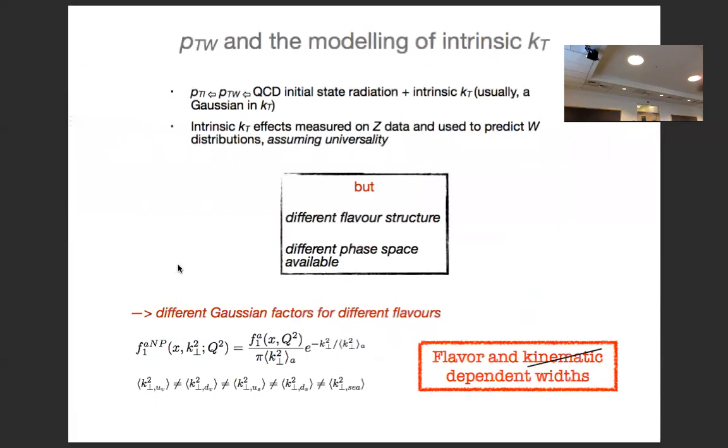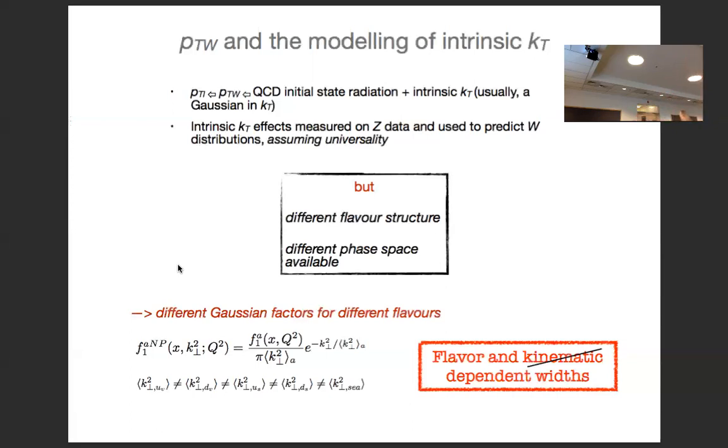So what did we do? Since pTW depends on QCD initial state radiation, and since up to now the intrinsic kT effects are measured on Z data and then used to predict the W distribution, but Z and W have different flavor structure and different phase space available, of course we suggest to use different Gaussian factors for different flavors, in such a way that what is good for Z is not as good for W, because they have different initial states.